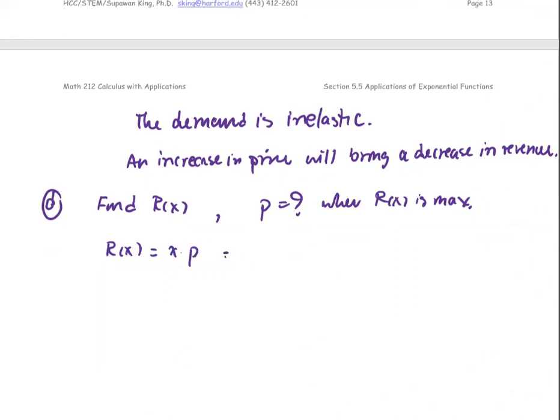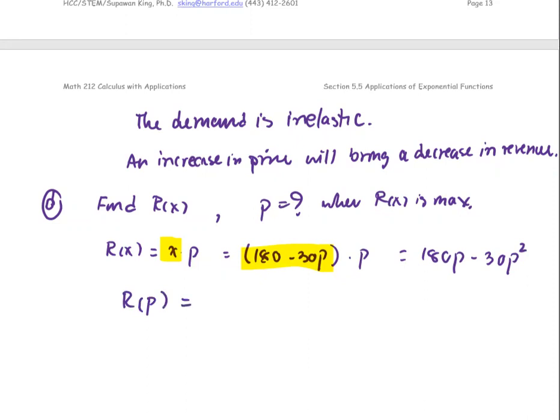And x is given to be 180 minus 30 times p, multiplied by p. This part is provided by the problem. Then simplify R of x to be 180p minus 30 times p squared. This time we just rewrite it as R as a function of p, because it depends on the price instead of the items sold.